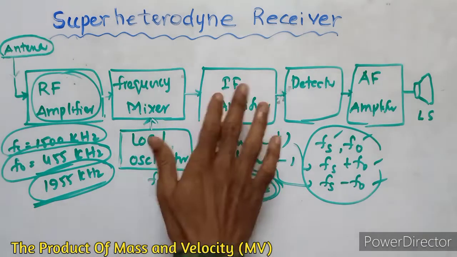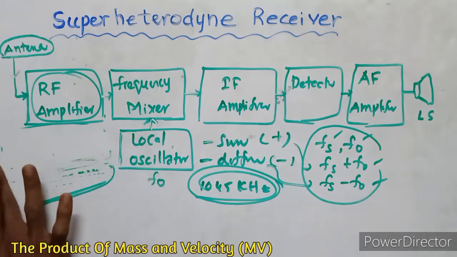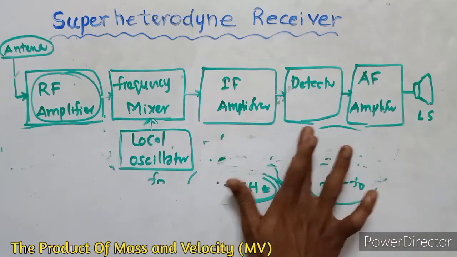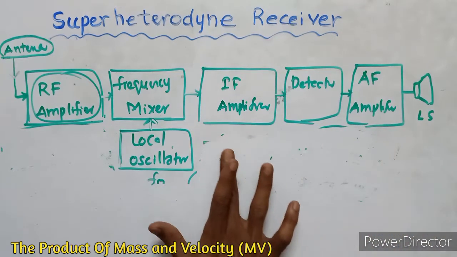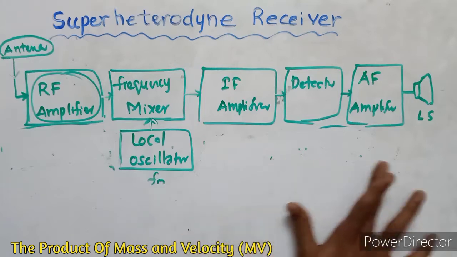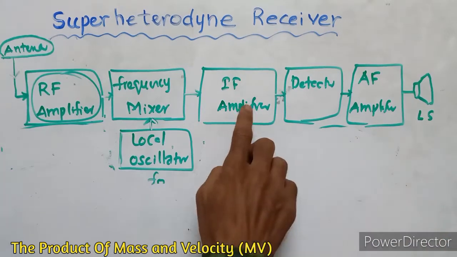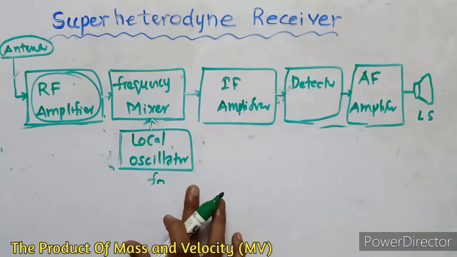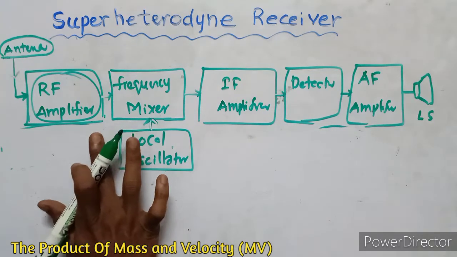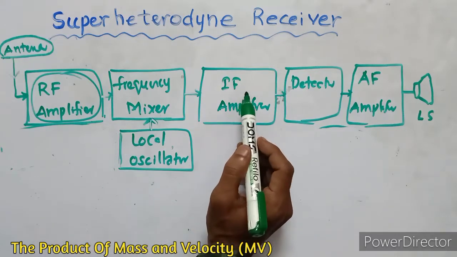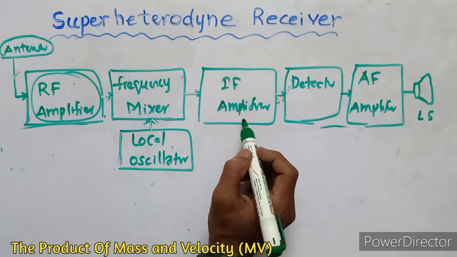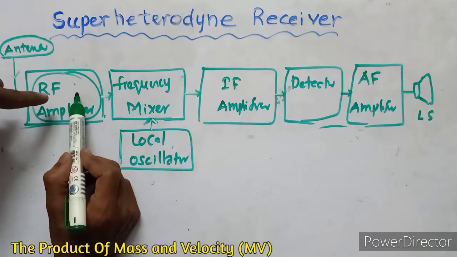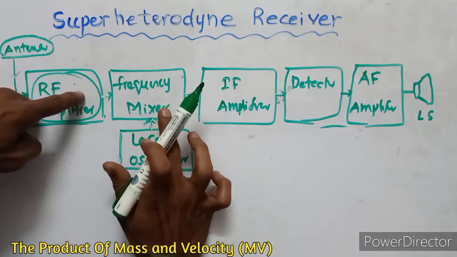Next one is the intermediate frequency amplifier. The RF signal is mixed with the local oscillator to produce a new frequency.